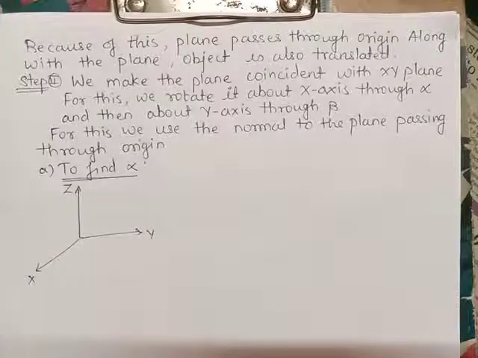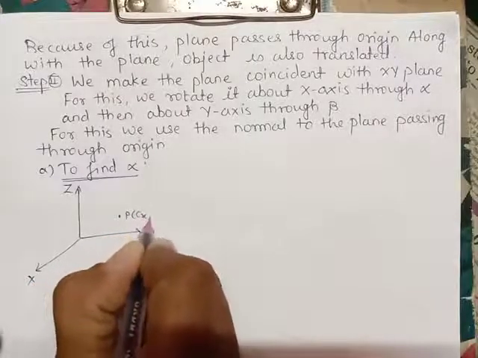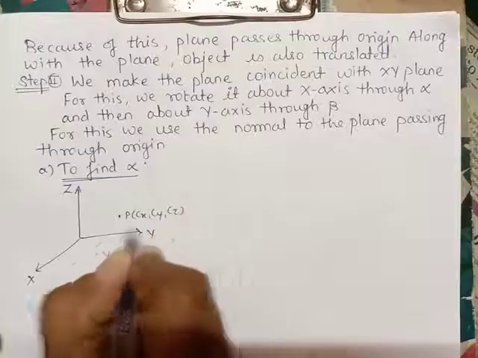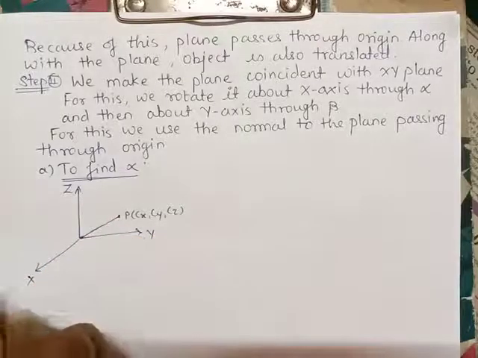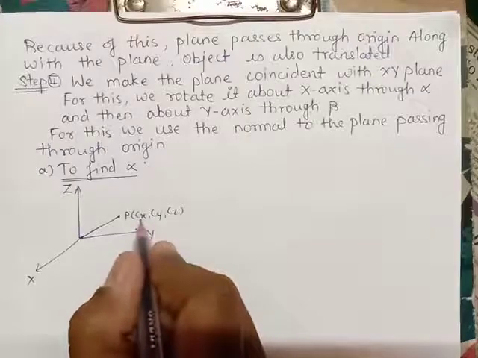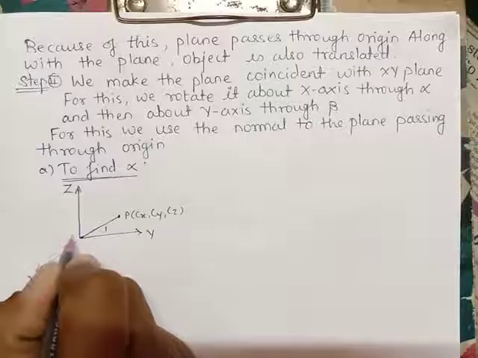So somewhere here the point P having the coordinates cx, cy, cz, which is on a line passing through origin. That's why these are direction cosines of the normal to that one. This distance is what? 1.